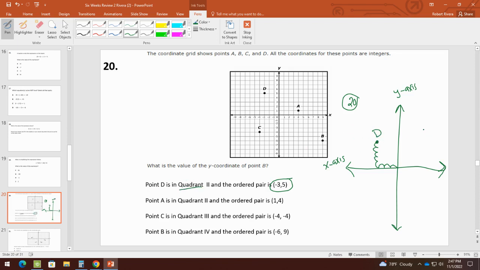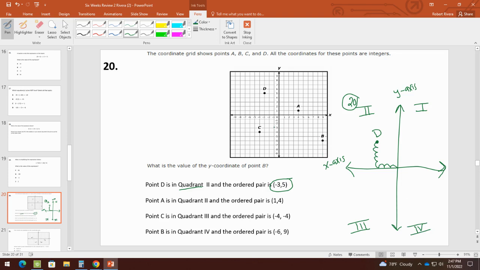Well, yes, because this would be quadrant 1, quadrant 2, quadrant 3, and quadrant 4. Like the letter C for corner.